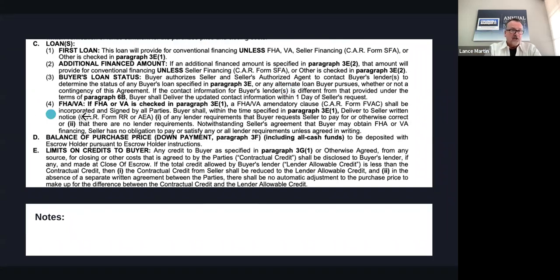If we are talking FHA or VA, if those boxes are checked, you must use the amendatory clause, the FVAC. If you don't get that form signed by the buyer, and you submit this contract to the buyer's lender and underwriter, and they don't see that form, you're going to have a problem. That form has to be signed with the same date that is on the offer.